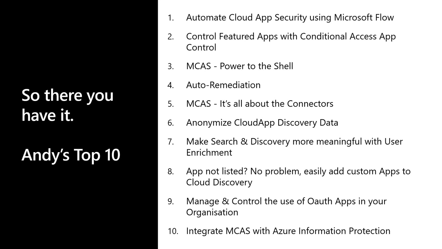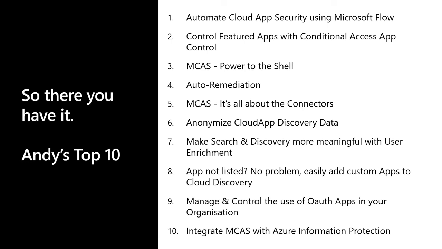So my top 10, number 10, integrate with Azure Information Protection. Number 9, manage control with the OAuth, the open authentication apps. You need to be able to control them within the organization. For example, in my example, if it said, do you want to view all the data, that could be a serious security breach within your company.